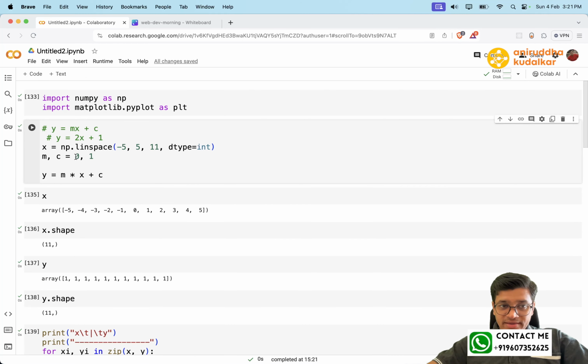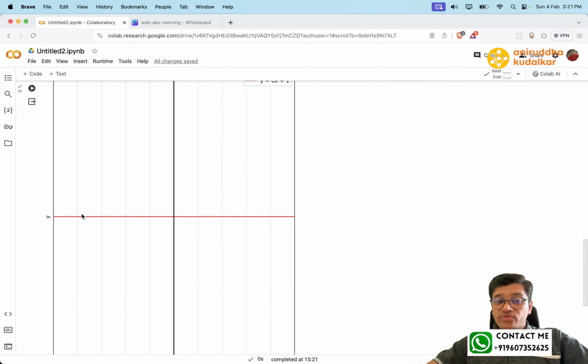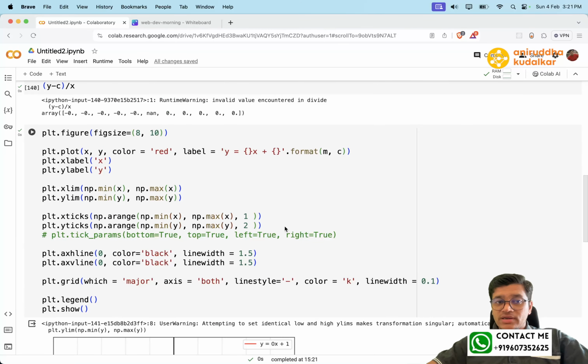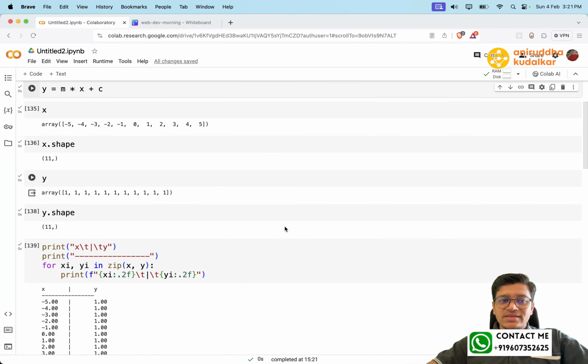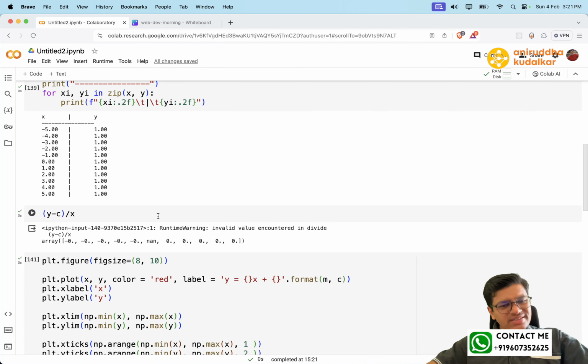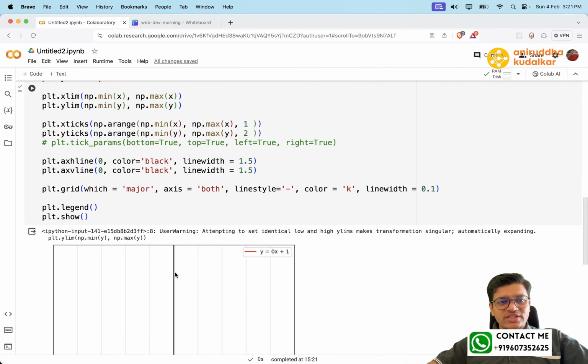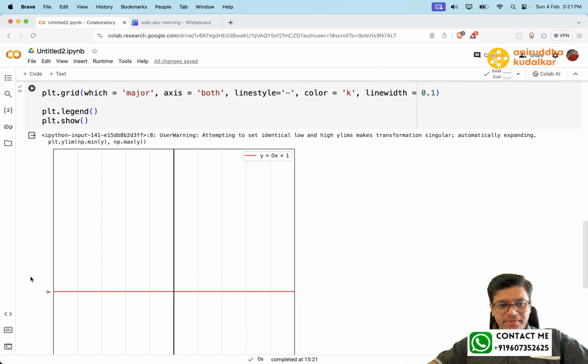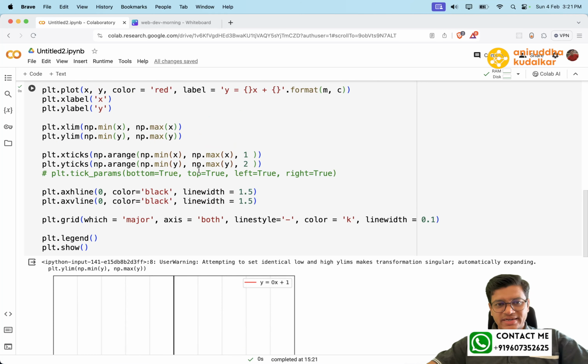When you say this is 0, what is this? Slope is 0. Whenever the slope of the line is 0, it should pass through the y-intercept. It is passing actually, but because of this plot, that is not visible. Because of some logic I have written, that is not happening.